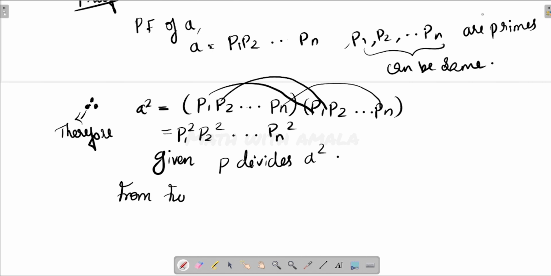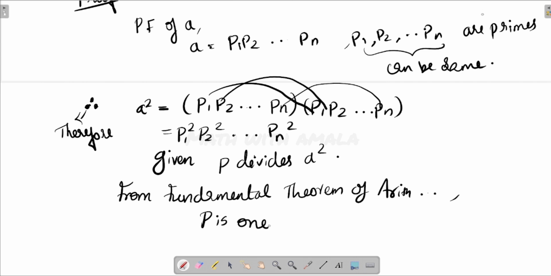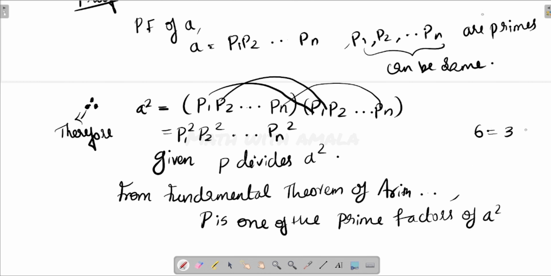And in the theorem we are already given that p divides a square. Hence, by the fundamental theorem of arithmetic, we can simply say that p is one of the prime factors of a square. P divides a square.